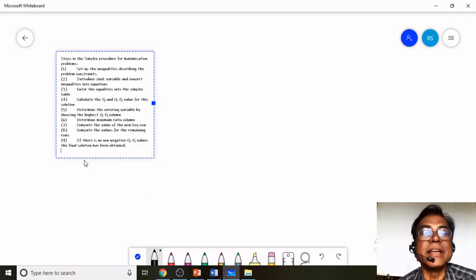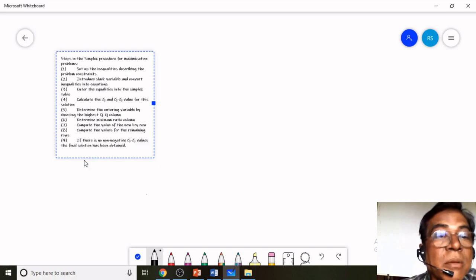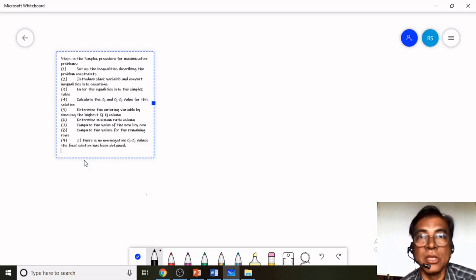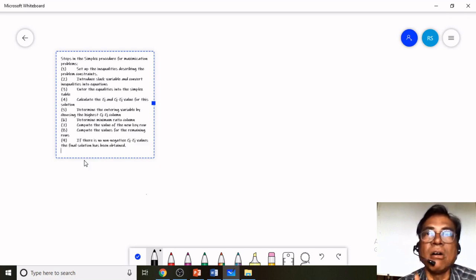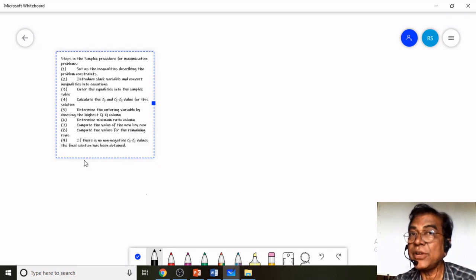Next, calculate the ZJ value. I will explain the point. Next, CJ minus ZJ. Determine the ratio of the column, which is called the minimum ratio values. Compute the values of the remaining rows and columns. Suppose you enter the values in the simplex table, first iteration, second iteration, and you check the values of CJ. If the problem is given as maximization, for maximization, if the values of CJ minus ZJ are all zeros or negatives, then the final solution has been obtained.